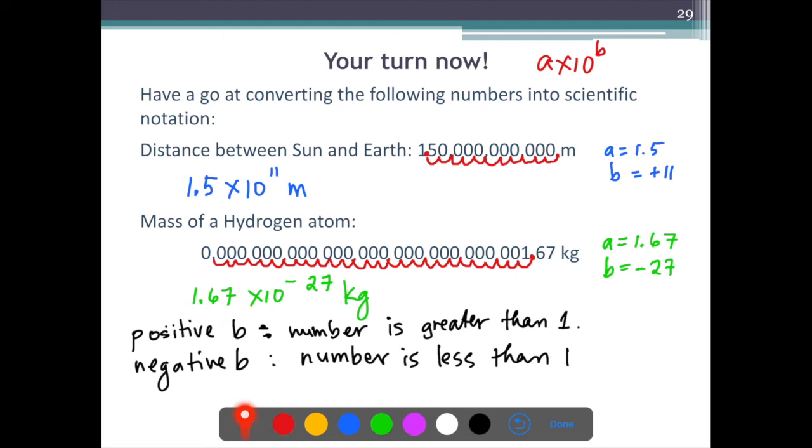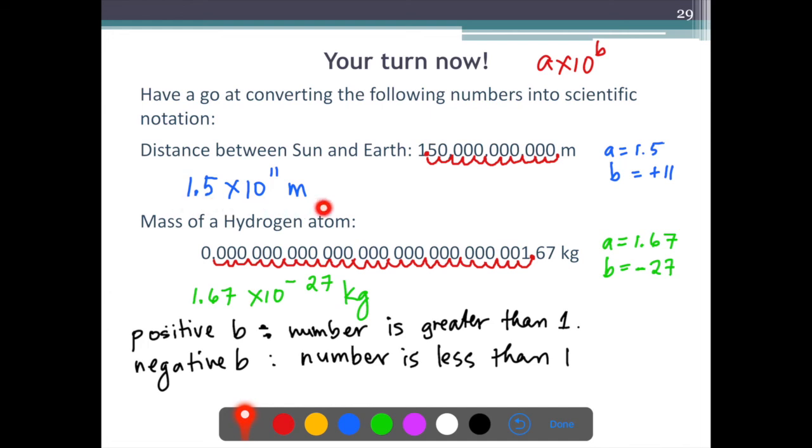So if, for example, you're given this scientific notation, 1.67 times 10 to the negative 27, and you're being asked to convert that to a number instead of scientific notation, the fact that B is negative, you have this negative power here, means that your number should be less than 1. And so you move your decimal point to the left so that your number is less than 1.